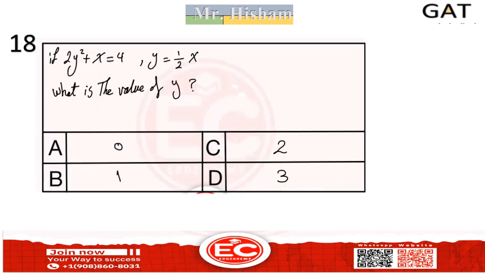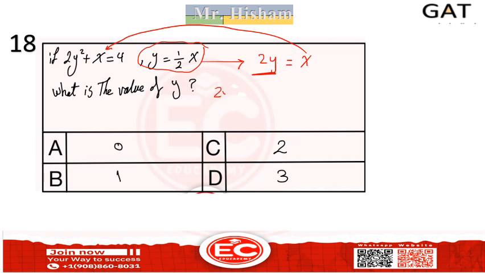Bismillah ar-Rahman ar-Rahim. If 2y squared plus x is equal to 4 and y is equal to half x, you can say that 2y is equal to x. So I can replace this x by 2y.